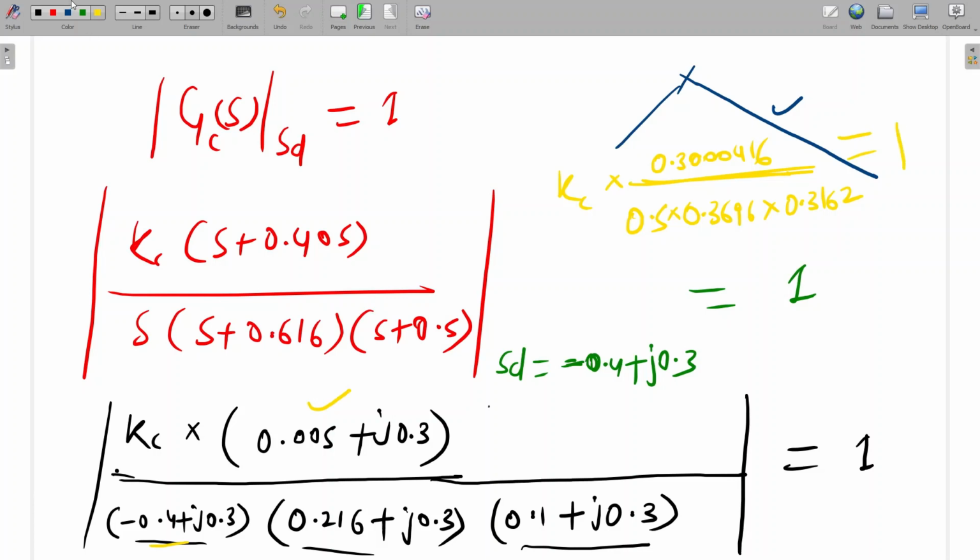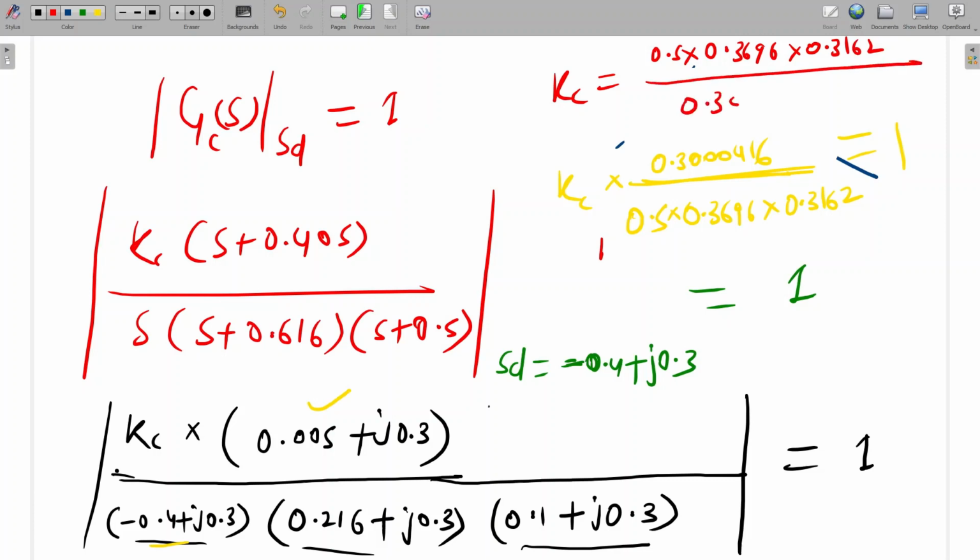So same thing is happening here. Like this will go in the numerator. So Kc will be equal to 0.5 into 0.3696 into 0.3162 divided by 0.3000416.